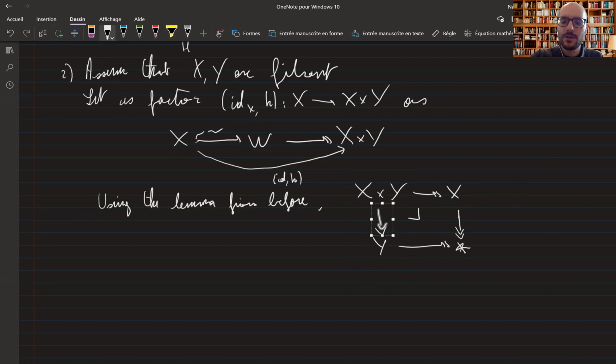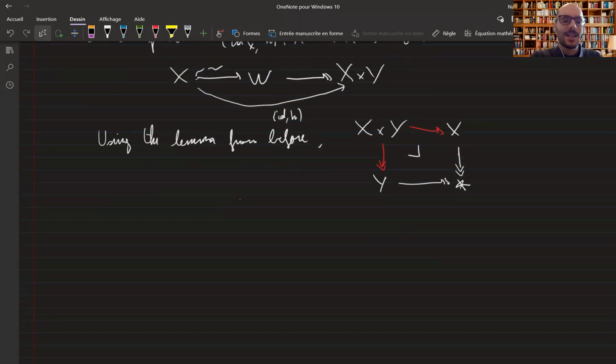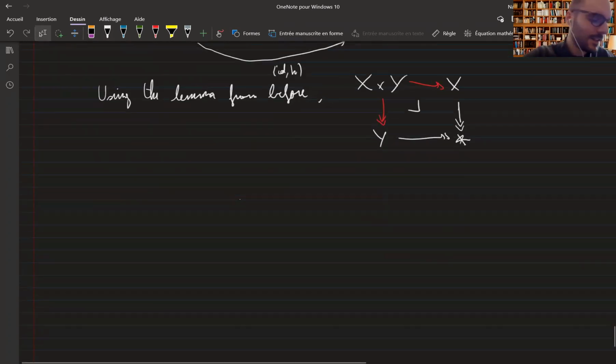So this is a fibration, and similarly, this is a fibration. What I want to say is that these two red maps are fibrations. And so now let us make the big diagram.